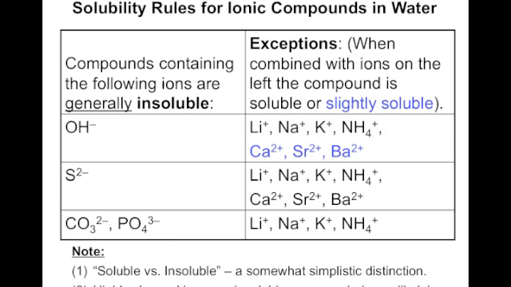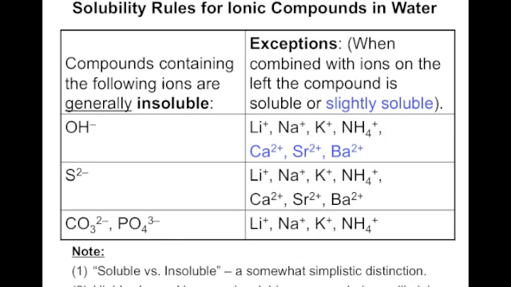Now keep in mind that our distinctions here of soluble versus insoluble sound like night and day, but it's really not that sharp of a boundary. Everything will dissolve to some extent. And so what we define as soluble typically is a compound that will dissolve at least to 1 milligram per liter.